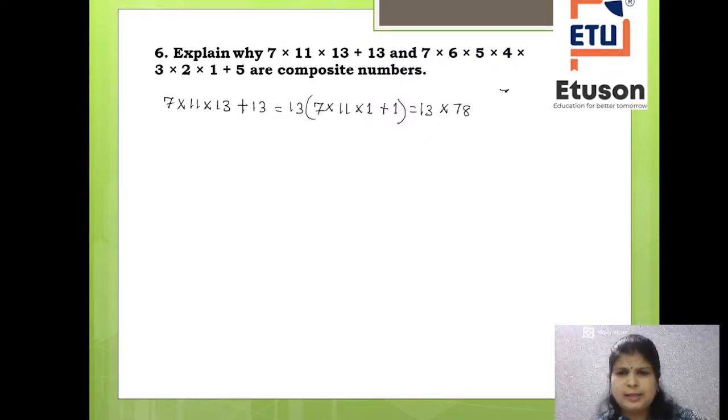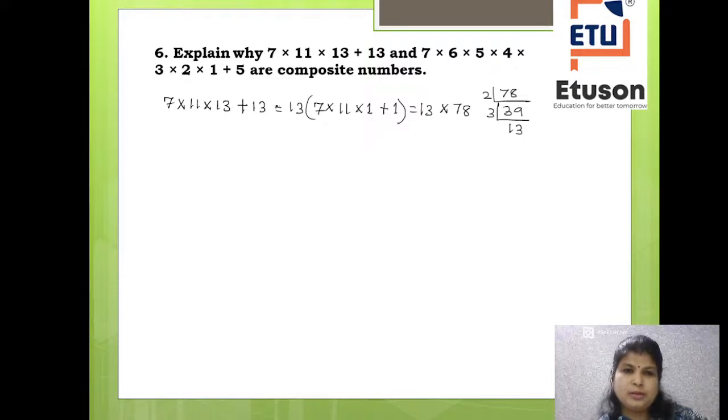So let us take 78 divided by 2. So here it becomes 39. So 39 gives you 3 and that is 13. Correct, am I correct? So 2 into 3 into 13, so 6 into 13 is your 78. Correct or not?